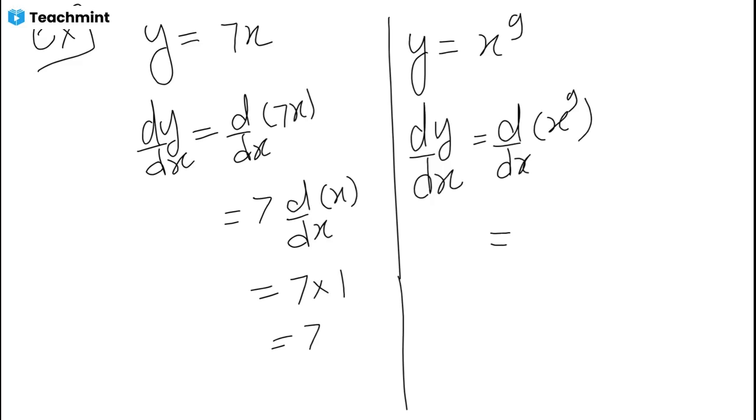Just write the power here and subtract 1 from its power. So we have 9 into x to the power 8. So the differentiation of x to the power 9 is 9 into x to the power 8. Okay, you got it now? Yes, ma'am.